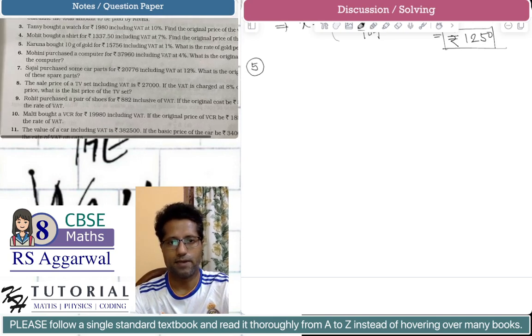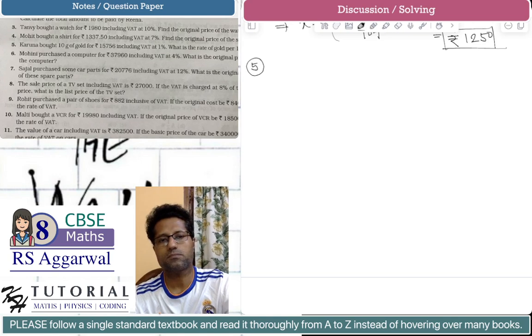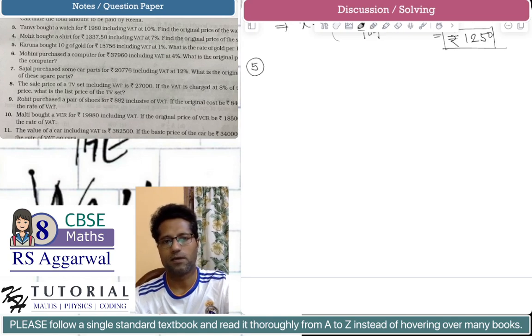We know that the cost of buying, that is the selling price plus the VAT amount, is rupees 15756 for 10 gram of gold.